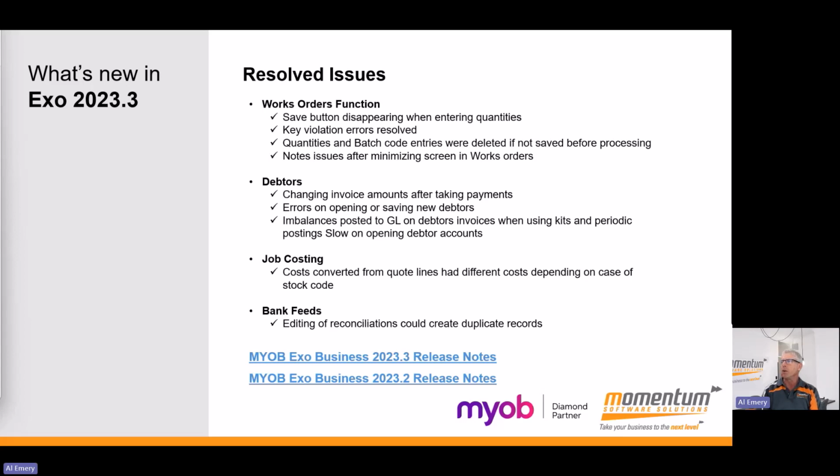Also the ability to manage changing invoice amounts after taking payments, and resolving some other issues around debtors or accounts receivable. And similarly, some resolution of issues in the job costing module where costs converted from the quote tab of a job had different costs depending on the case of the stock code. So there were a couple of just little odd things there that MYOB have resolved. And the release notes for both those releases are available on the EXO Education Centre. And we've got hyperlinks in our PowerPoint that we'll share with you.